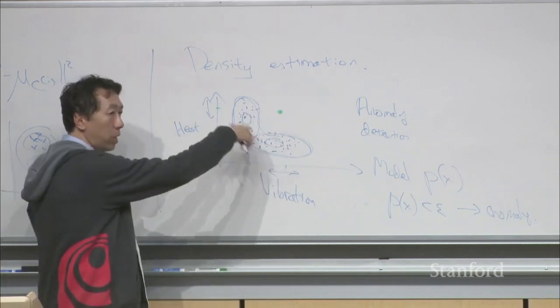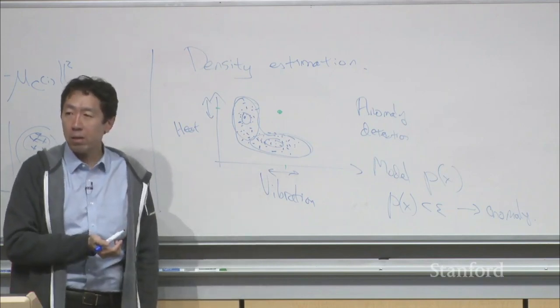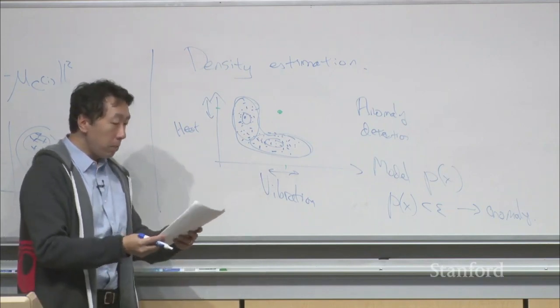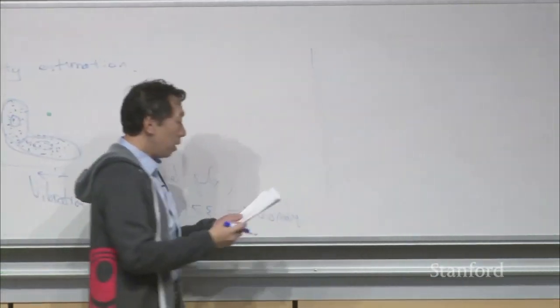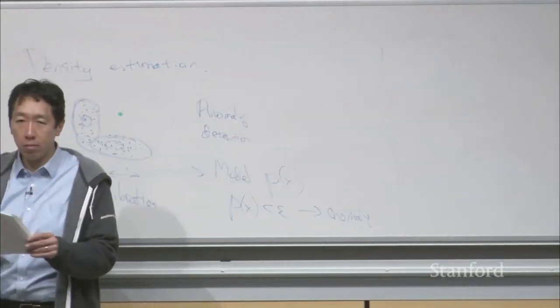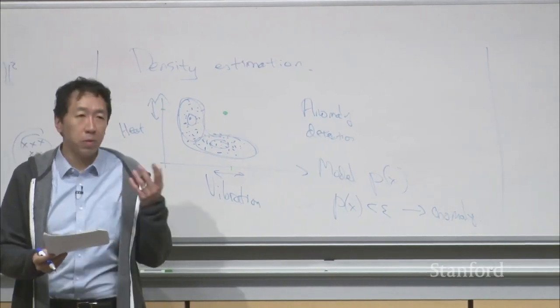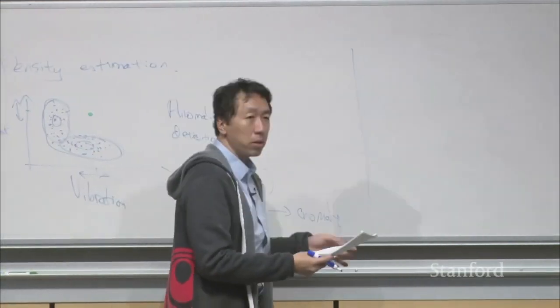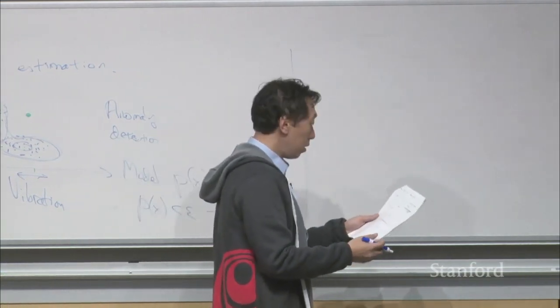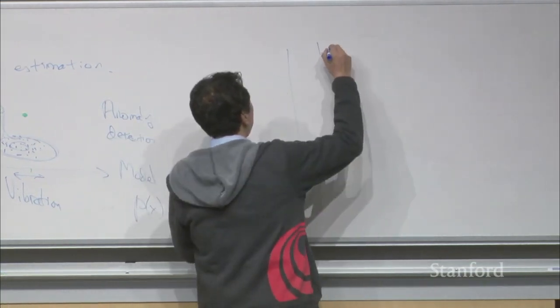These ellipses I'm drawing are the contours of these two Gaussians. What I'd like to do next is develop the mixture of Gaussians model, which is useful for anomaly detection, and this will lead us to our second unsupervised learning algorithm.